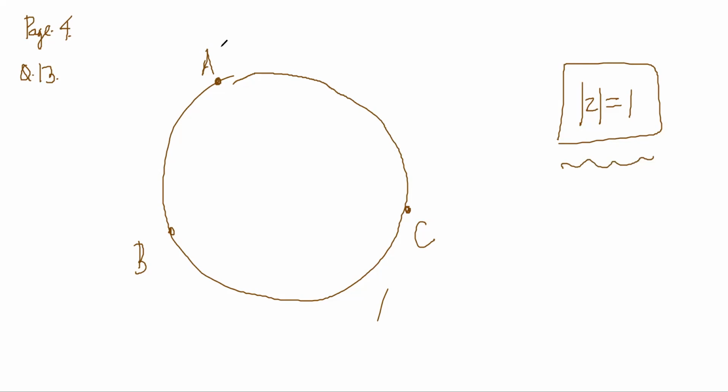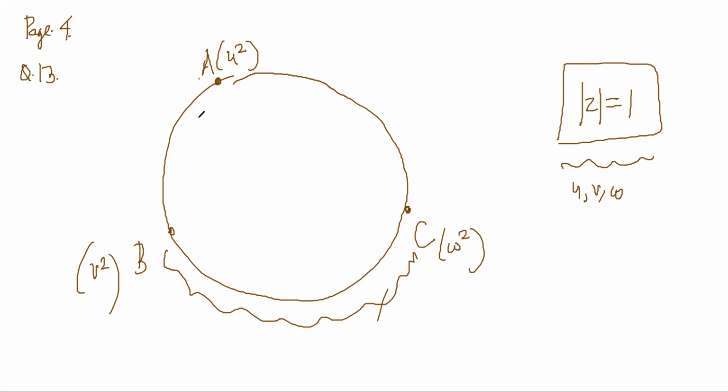It is possible to pick complex numbers U, V, W such that A is equal to U square, B is equal to V square, and C is equal to W square. And the midpoint of the arc BC not containing A is minus VW.